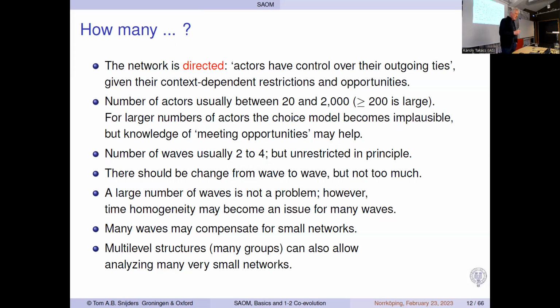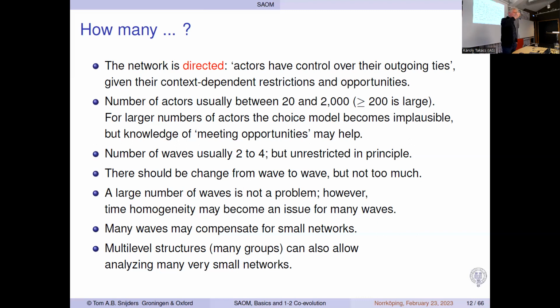For this model, the choice model is of that kind that the number of actors is usually between 20 and 2,000. And 2,000 really is at a very large side, because when it is more than 200, I think the model is implausible, because the choice is made from this set of all actors.